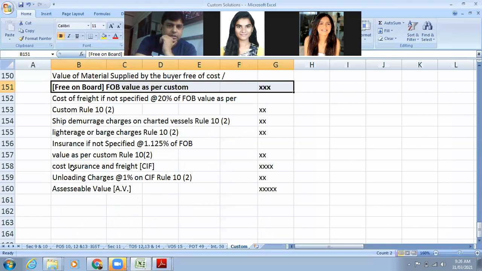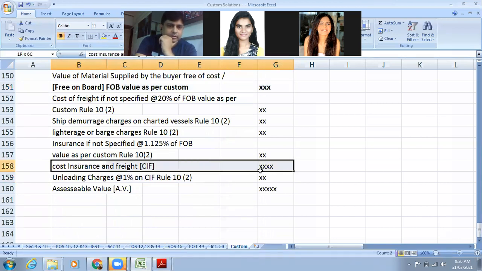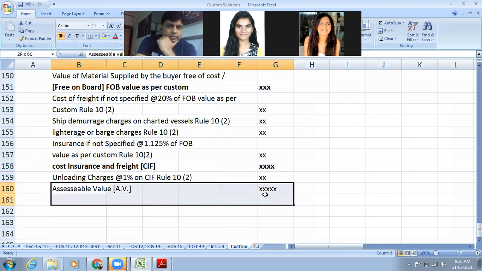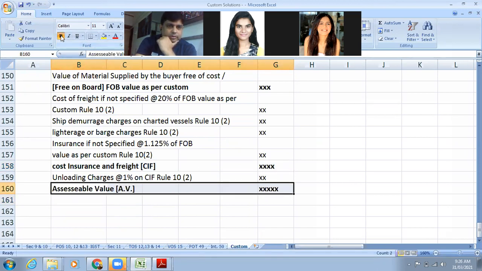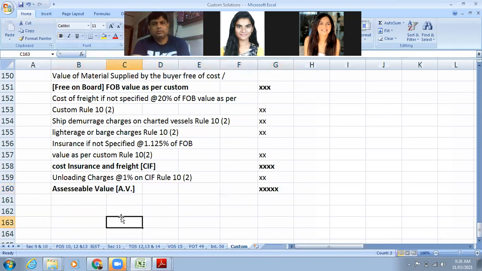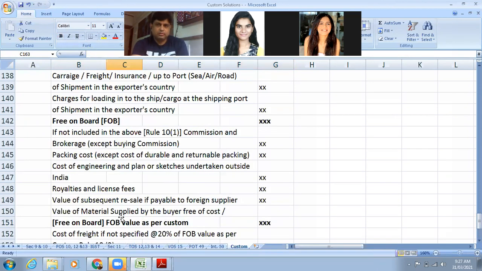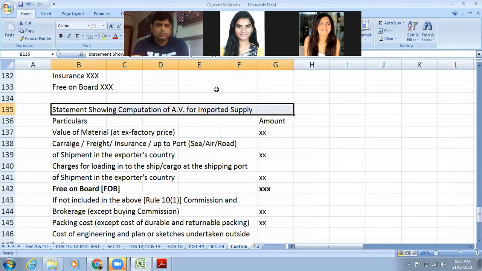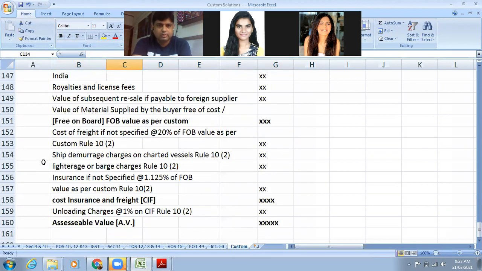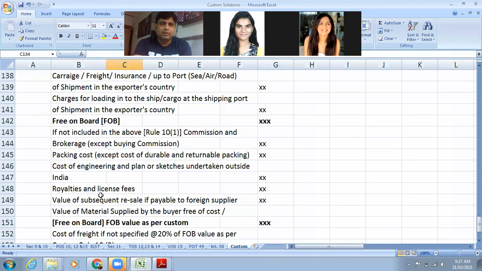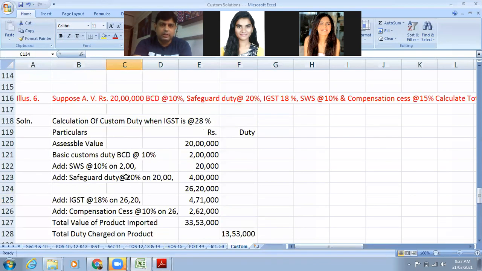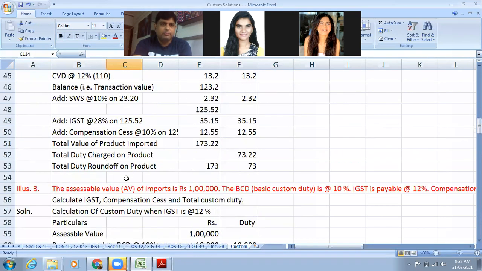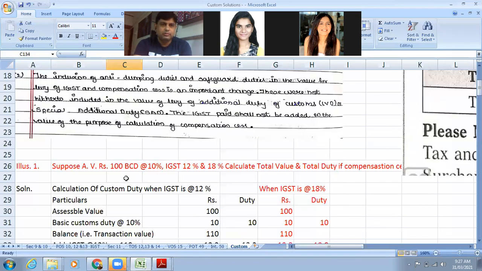These are important junctions. And of course, after assessable value, you know how to get the things which we did in a lot of previous questions.